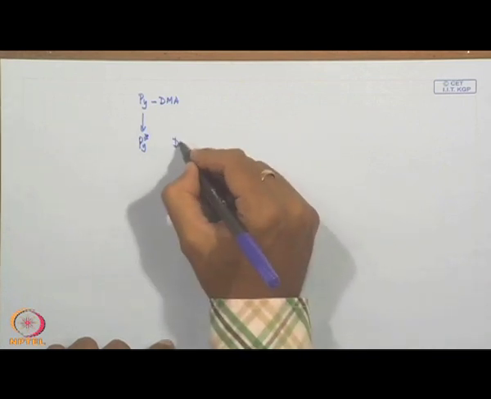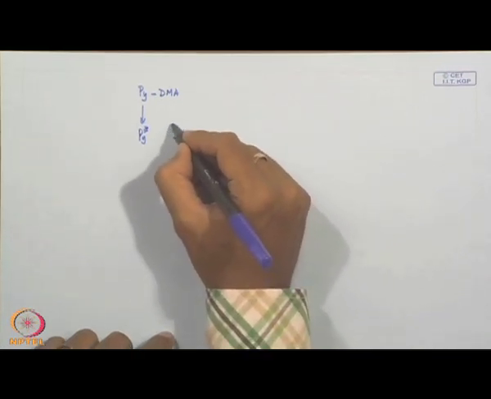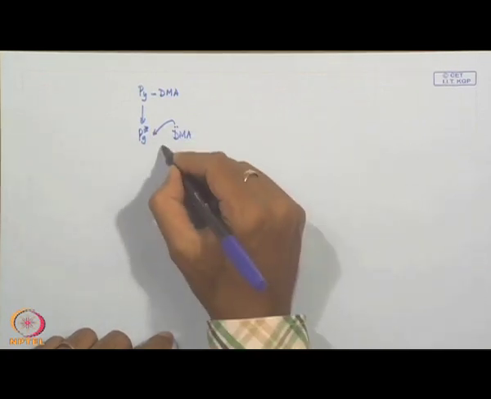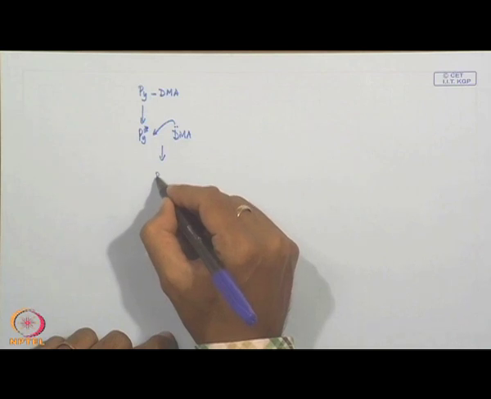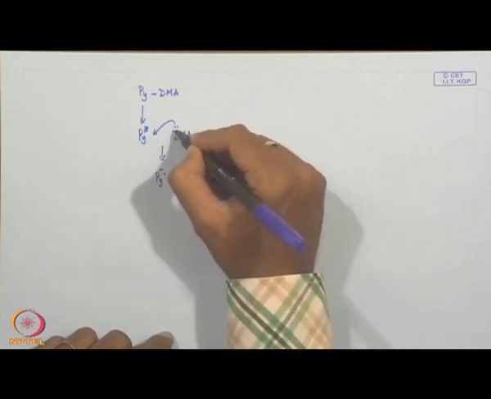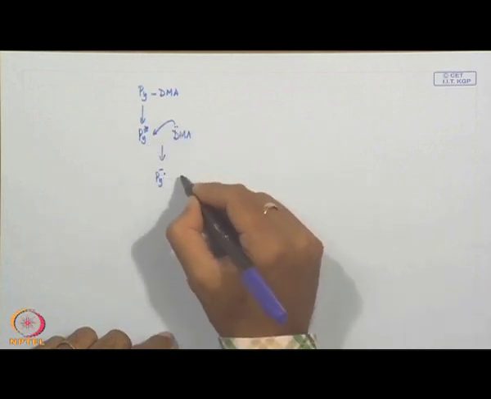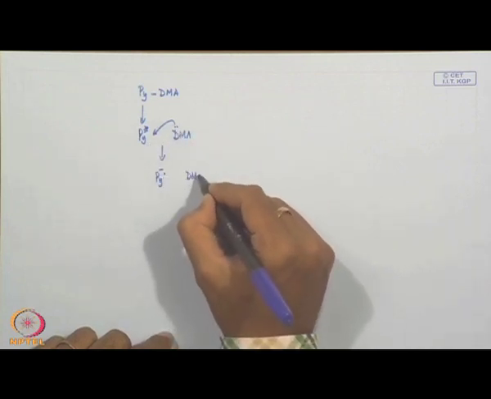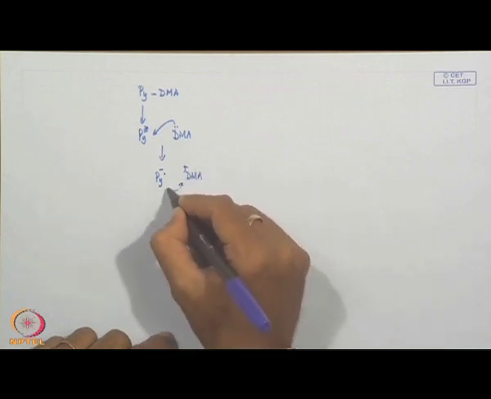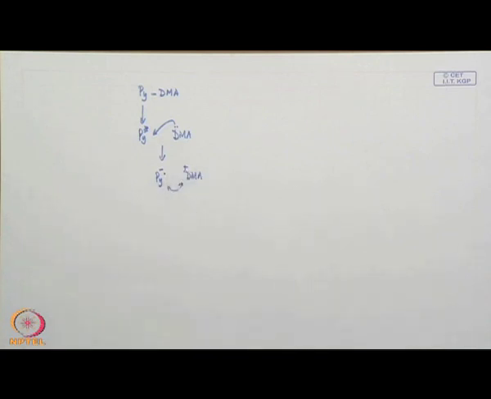So, DMA then transfers an electron to this pyrene star, giving rise to pyrene minus dot. So, basically one electron is transferred, and DMA plus dot, and then there is an electrostatic or Coulomb interaction between these two to bring them close to each other.